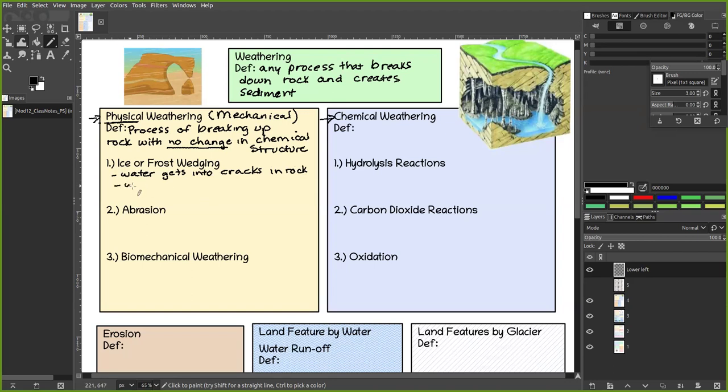Now, when water freezes, it expands. Freezes and expands. And then once it expands, it pushes open that crack, and the crack gets bigger. The crack gets bigger, and eventually it'll break.